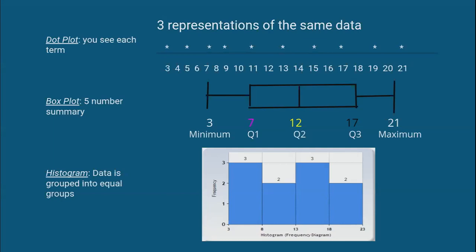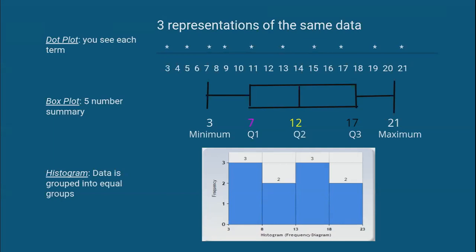And I want you to write some of these things down, ladies and gentlemen. So the strength of a dot plot is that you see each term. So had we not had a data set, if you had a dot plot, you could create the data set. You would know exactly what it looked like.